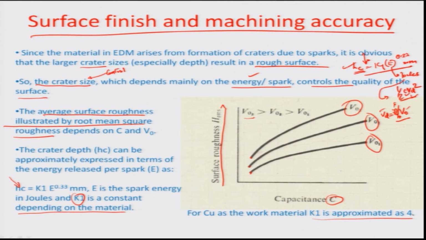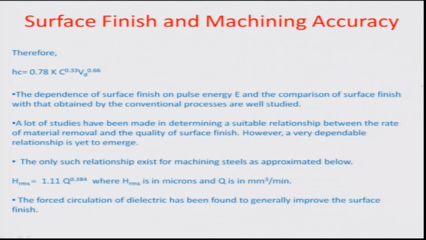Let us introduce the C and V values in this equation with the value of K1 for copper. If we put in the capacitance and voltage in the energy equation, it results in another equation where Hc can be represented as 0.78 K C to the power of 0.33 Vd to the power of 0.66.